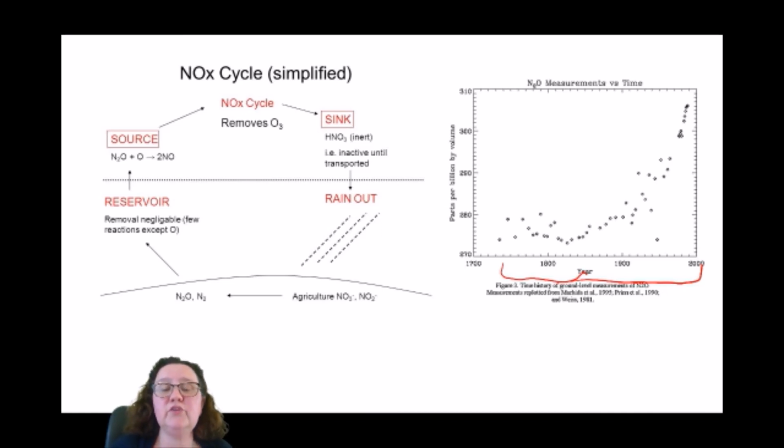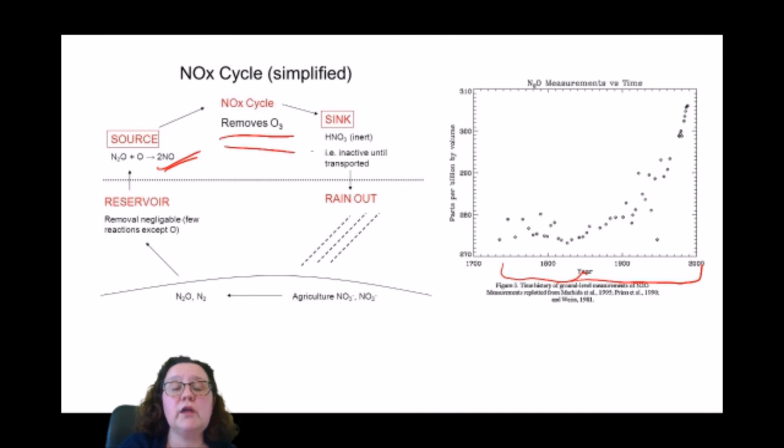That means that there is more nitrous oxide in the atmosphere, more going into the stratosphere, and more to produce ozone destroying nitrogen oxide radicals in the atmosphere.